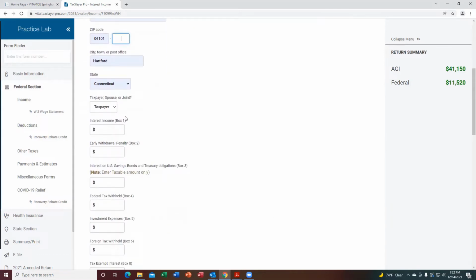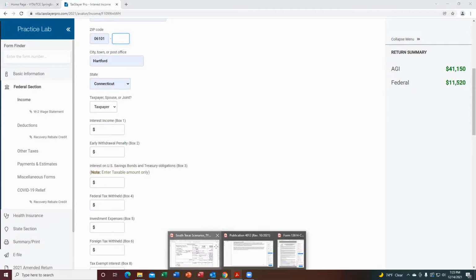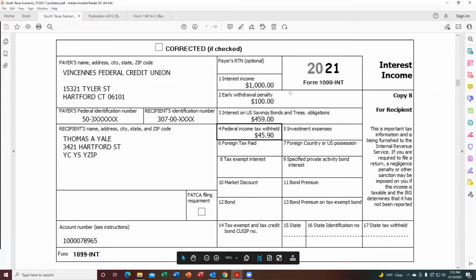And then let me see in this form. If you notice the form, the name on the form on the interest income is to Thomas.